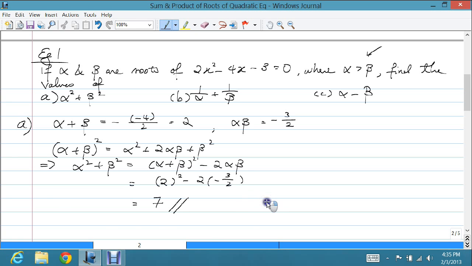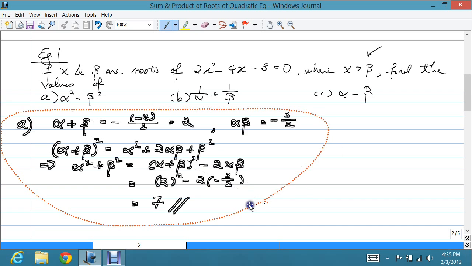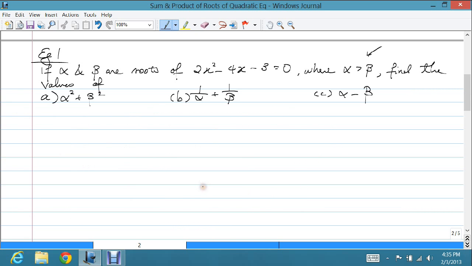So let's look at the second part now. For B, I want to find 1 over alpha plus 1 over beta. In order to do so, the trick is to combine these two fractions into one. In the numerator we have beta plus alpha over alpha beta, which is the same as alpha plus beta over alpha beta.